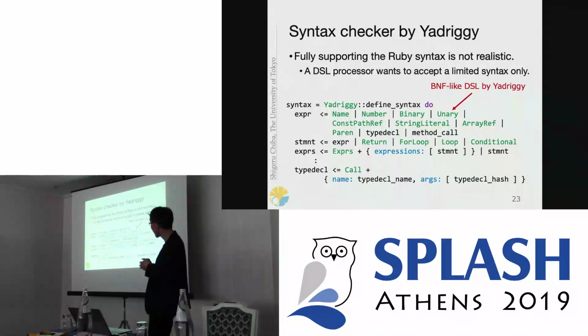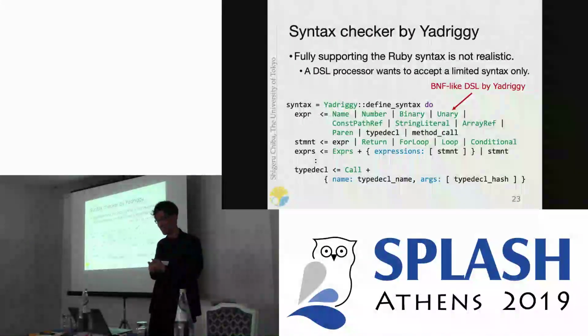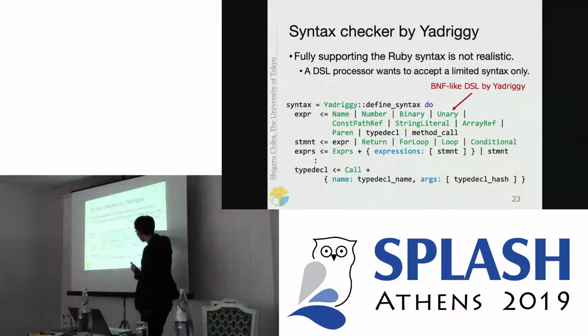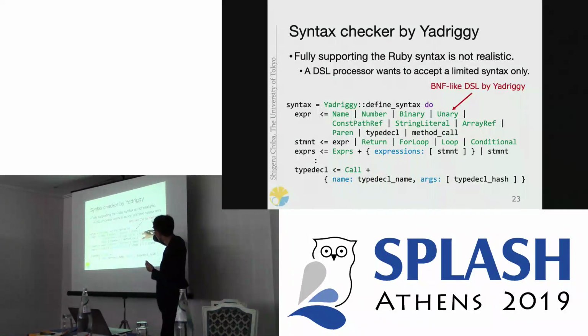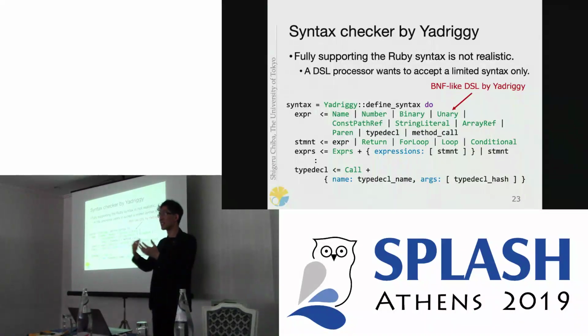So this framework provides a syntax checker. This is a DSL implemented by the same framework itself. These are funny expressions, but I think it looks like a BNF. Yadorigi takes this syntax definition and checks whether a given abstract syntax tree matches this syntax.